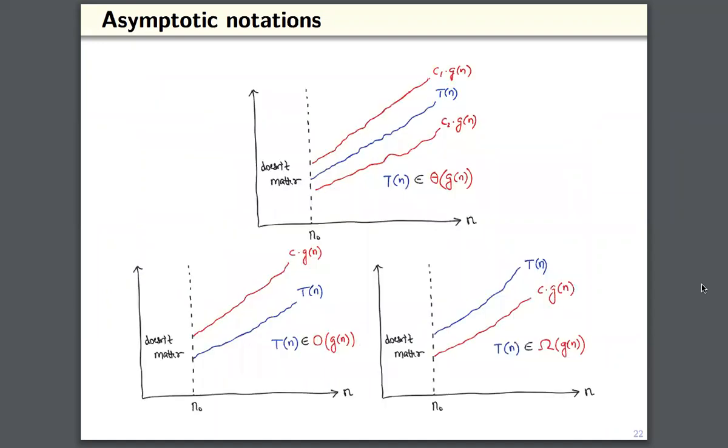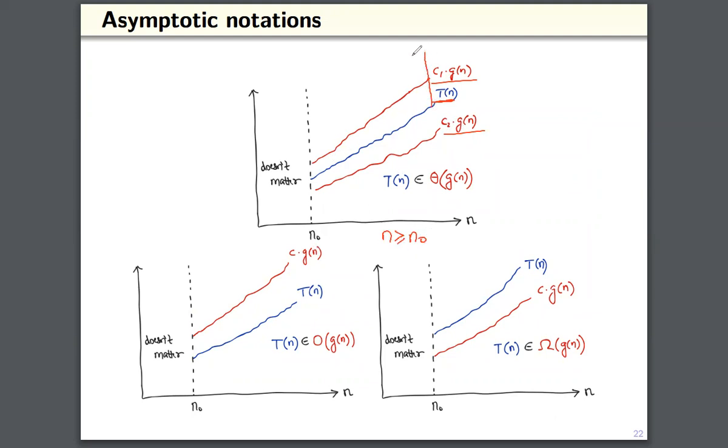Okay, next, here are some diagrams. Theta means that you have this function t of n between constant times g of n eventually, for all n greater than or equal to n naught. This is the case, right?